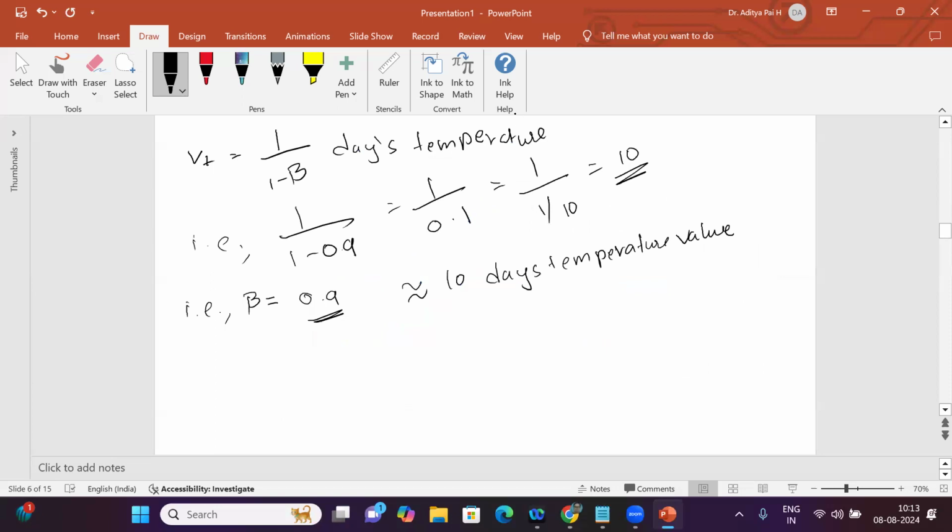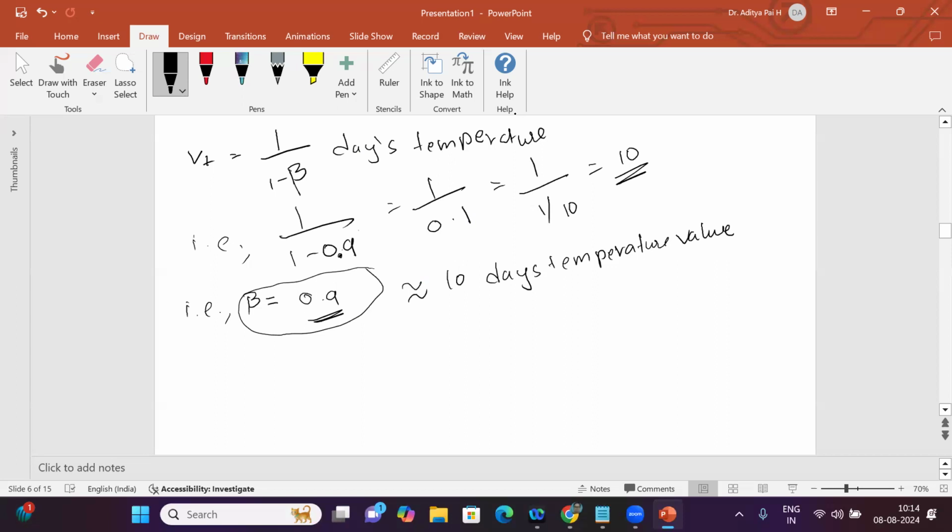This is calculated as vt averaging over 1 by 1 minus beta days of temperature, where beta I have taken as 0.9. So 1 minus 0.9 is 0.1, and 1 by 0.1 is 10. So when beta is equal to 0.9, it means I am taking the 10 days temperature.